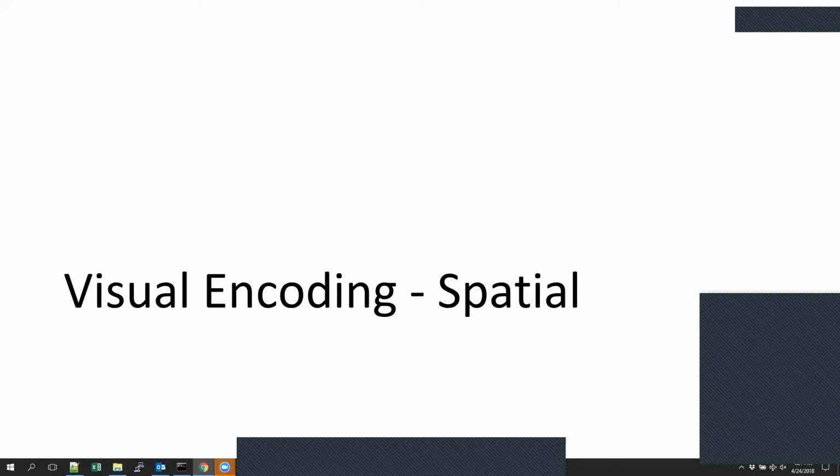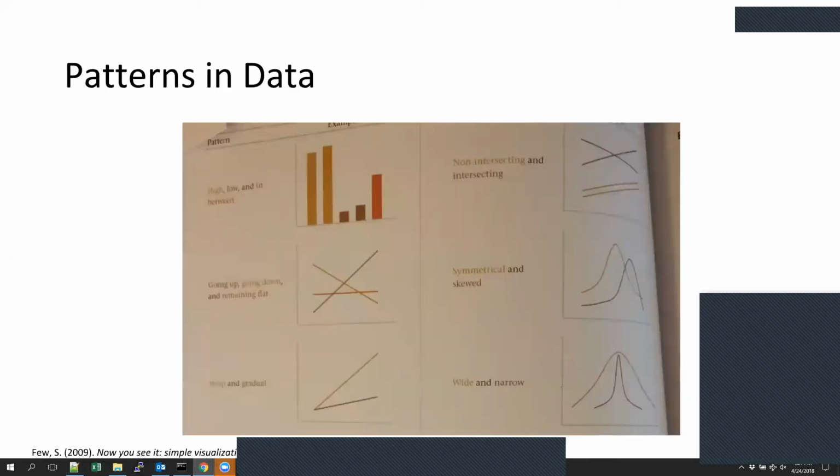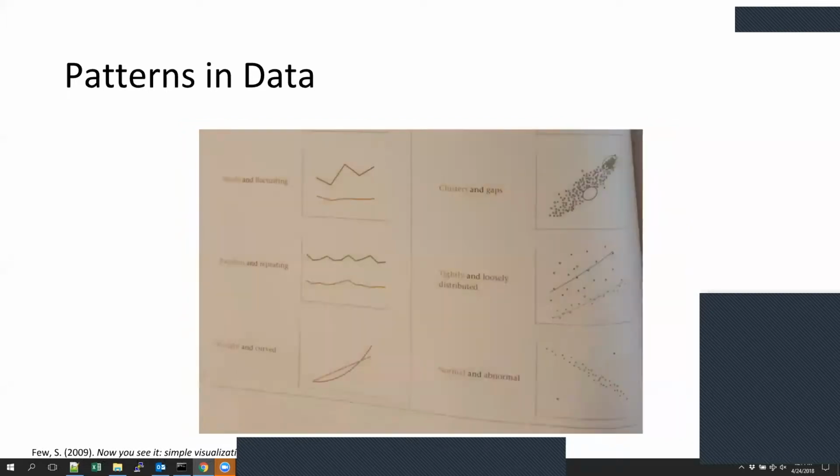In terms of spatial, this is basically how things are laid out, the layout of the specific visualization or graphic. I come back to this slide because a lot of this tells that same story, looking at patterns and how we want to physically lay out the information on a piece of paper or some sort of visualization.